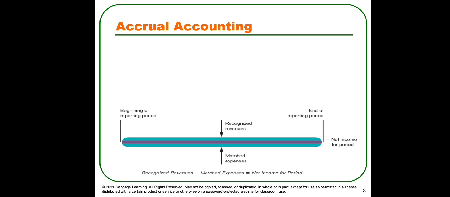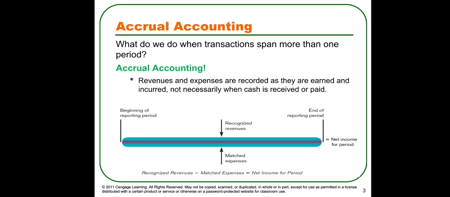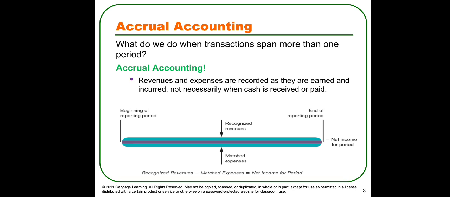The second thing that you have to know before you can do the adjusting entry is that in accounting we have two bases. You can do accounting record using accrual accounting or accrual basis, or you can do accounting record using cash basis.